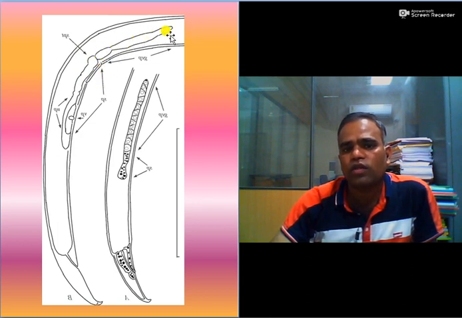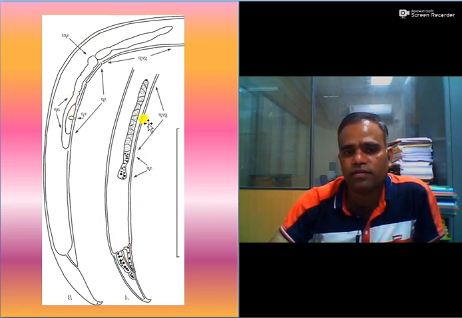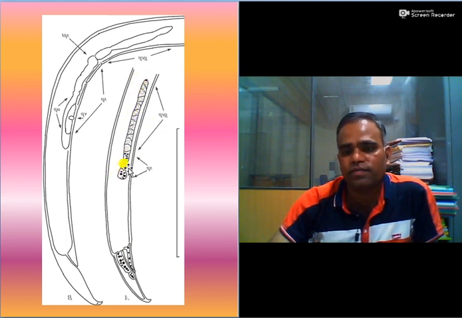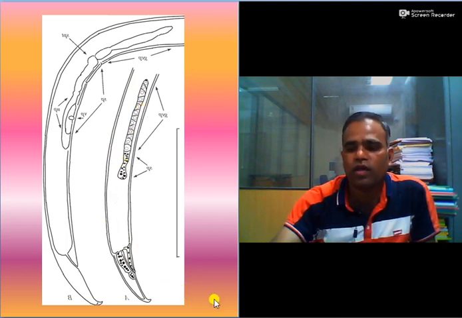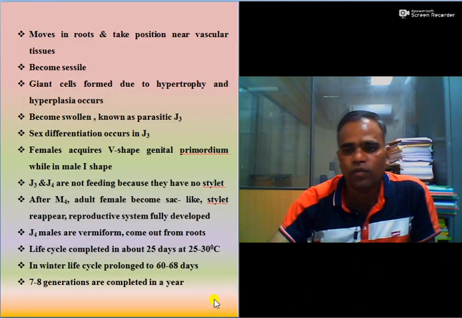So this organ is just like a V shape, and that is why a V-shaped primordium is present in the female nematode, while in the male it is like an I shape. That is why it is called an I-shaped primordium. So I think you have got a clear idea about this. One may ask this in your exam, that is why I have specially explained it with a figure.